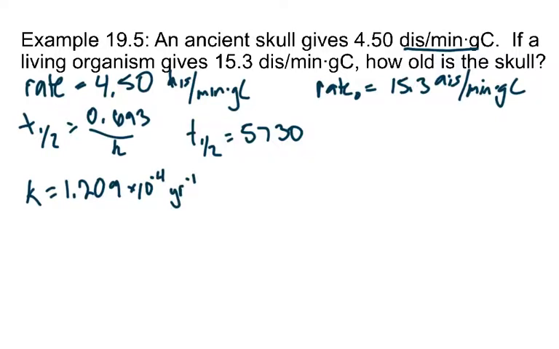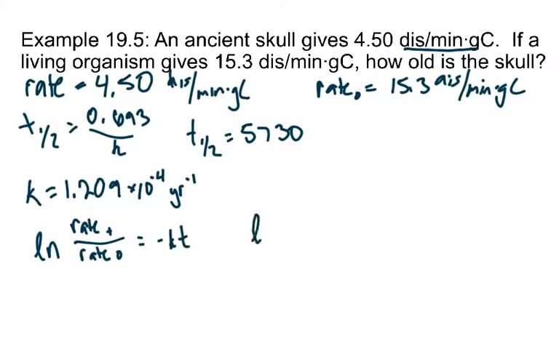Then we can plug in, based on this equation, the natural log of our rate of detection at a specific time divided by the rate at time 0 is equal to negative kt.